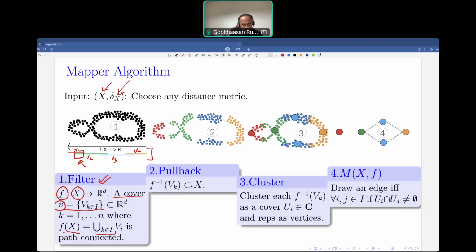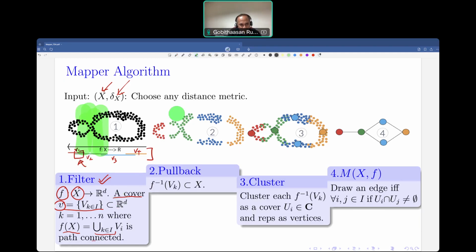The next is pullback. Once you have the cover, you want to find the corresponding points of this cover. For example, this green cover corresponds to all these points in its space.